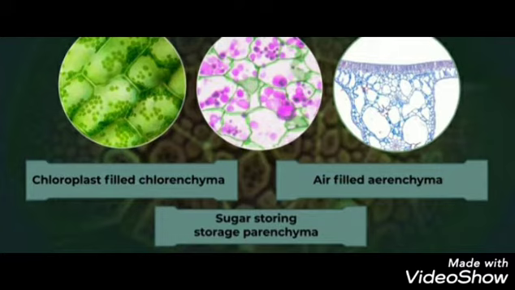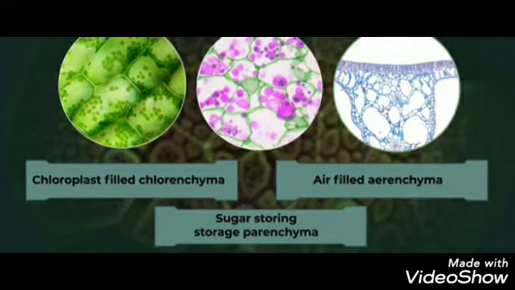The second most important function is storage of waste products like gums, and so one of its types are storage parenchyma tissues. The other most important function is they provide mechanical strength by maintaining the turgidity of the cell. Turgidity means the capacity to hold water.